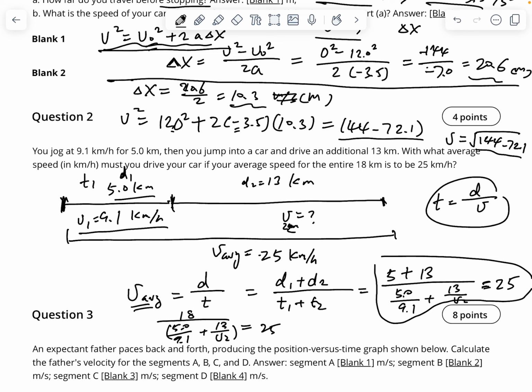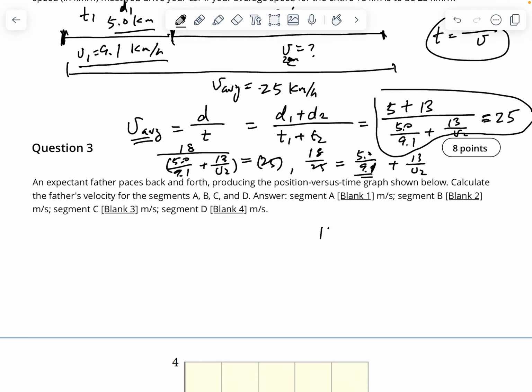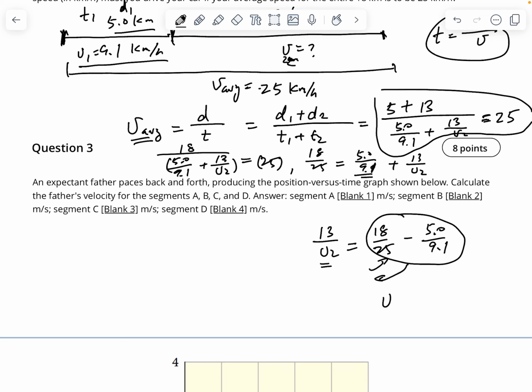You multiply by the other side and divide by 25, so 18 over 25 equals 5.0 over 9.1 plus 13 over V2. Next, move this to the other side: 13 divided by V2 equals 18 over 25 minus 5.0 over 9.1. Calculate this out with your calculator. Then V2 goes to this side, so V2 equals 13 divided by 18 over 25 minus 5.0 over 9.1.